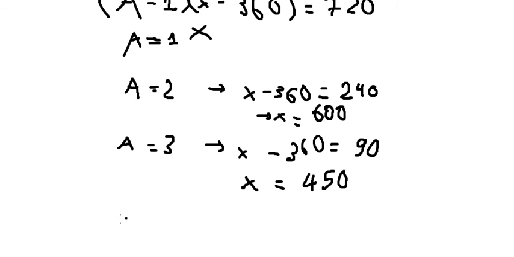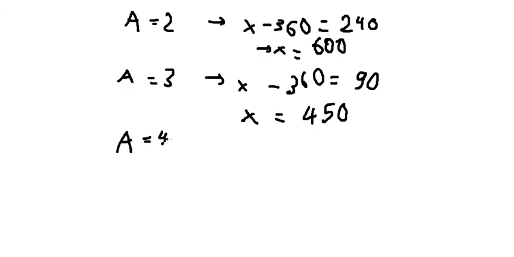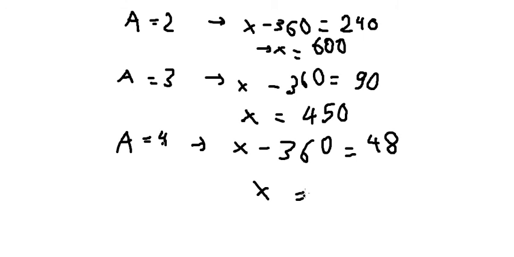Now let's do a equals 4. You get 4 squared minus 1, which is 15. And we divide 720 by 15. You get 48. And you get x equals 408.